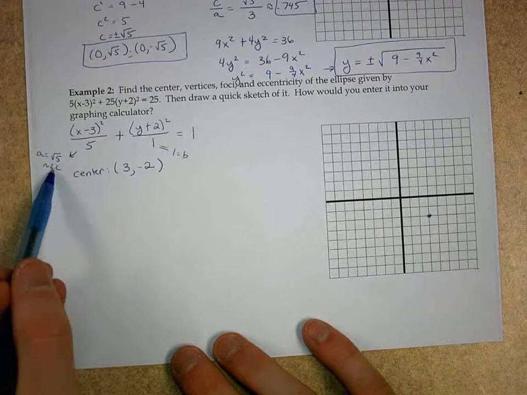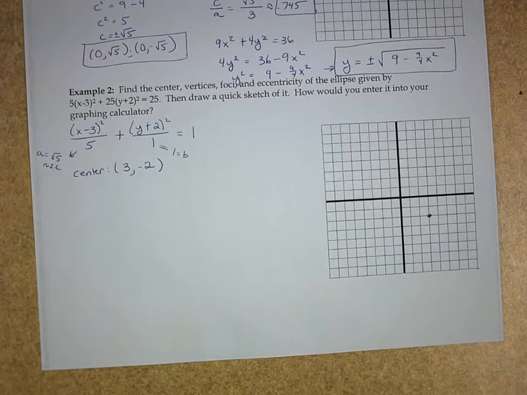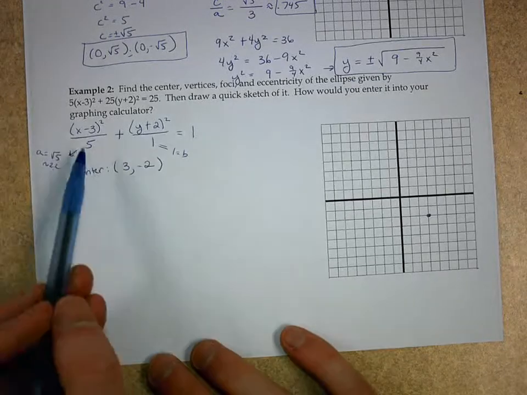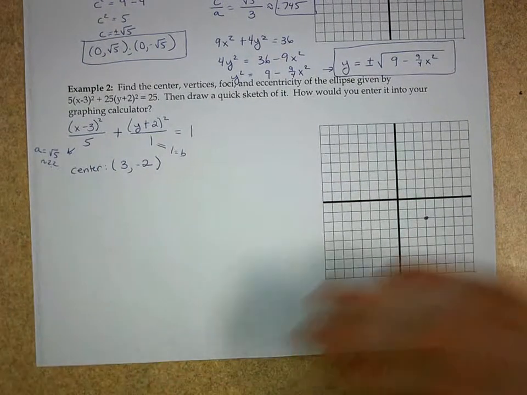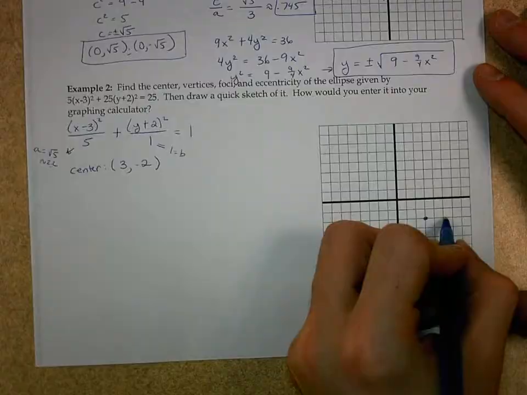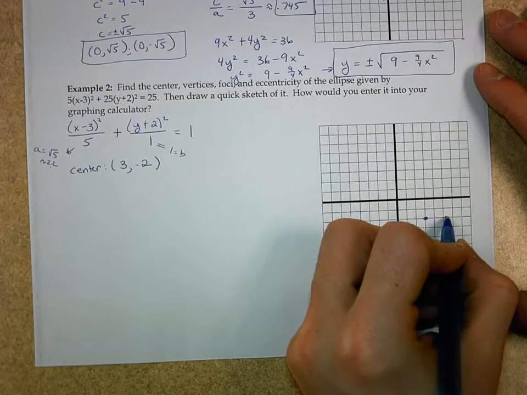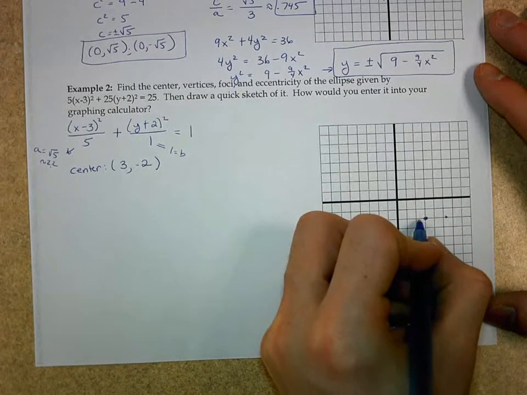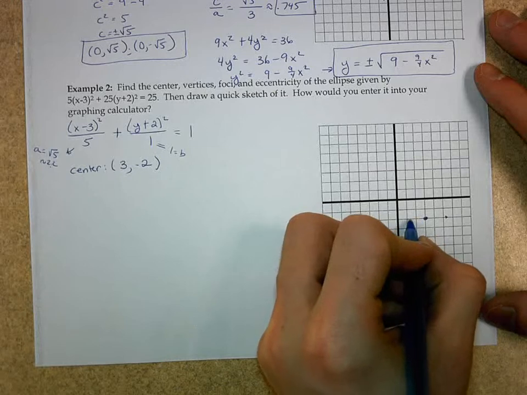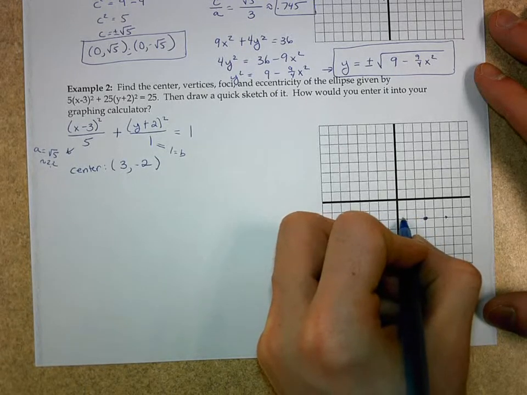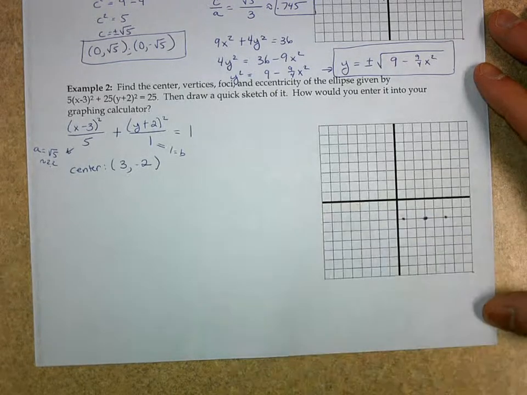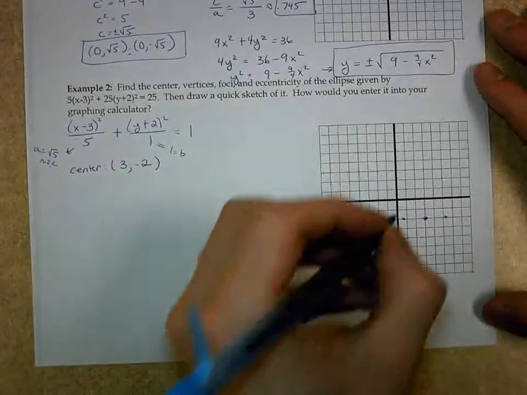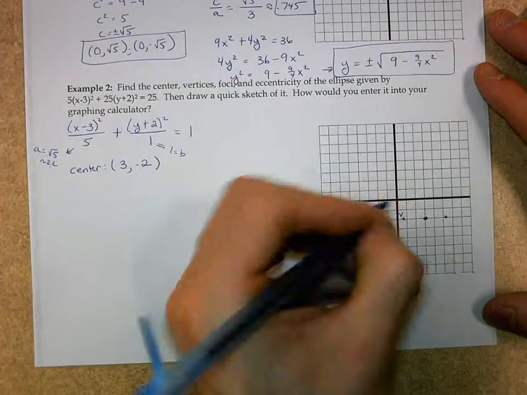So this a value is telling me I'm going to go 2.2 units from the center, and since this is under the x, I'm going to go in the horizontal direction. So 1, 2, and there's my 0.2, and 1, 2, and there's 0.2. So a little more than 2 units out. That's going to be my vertices.